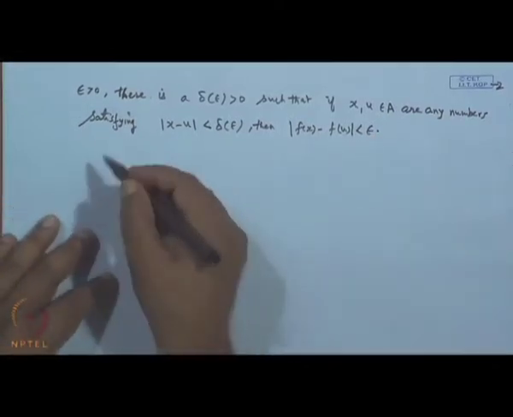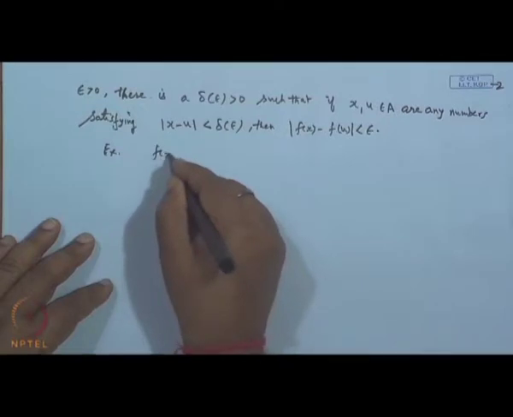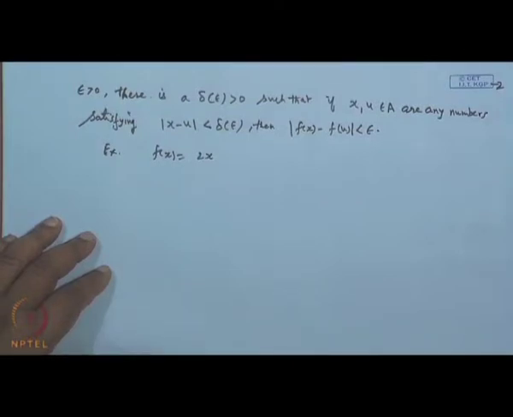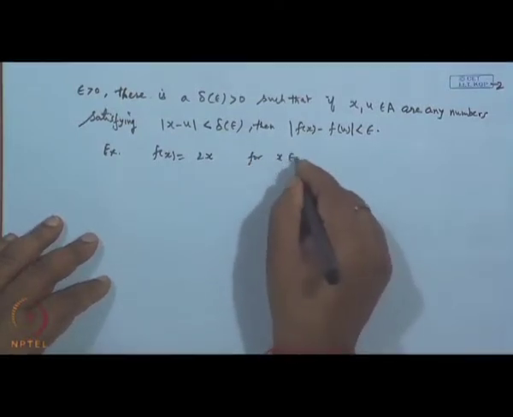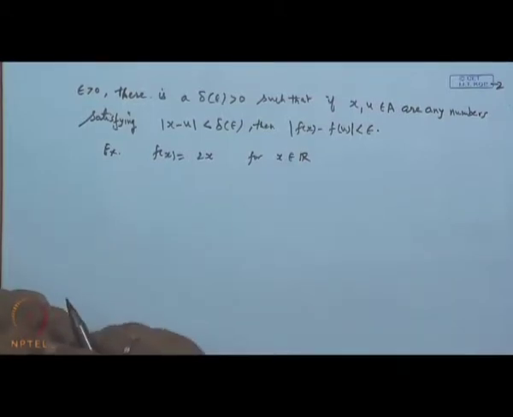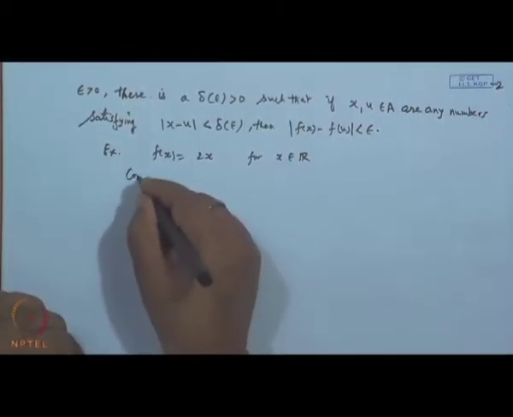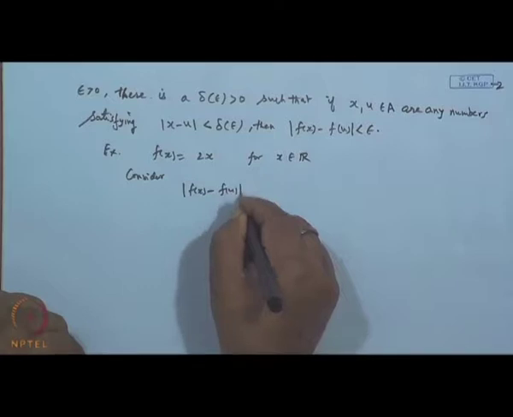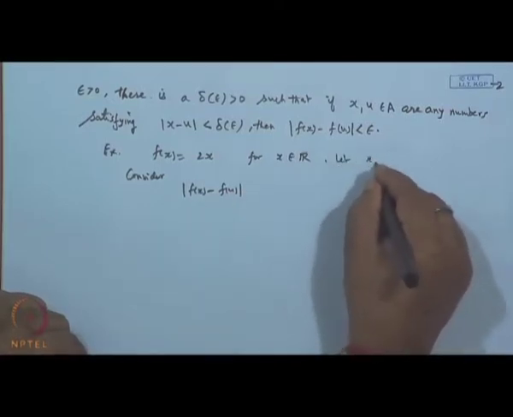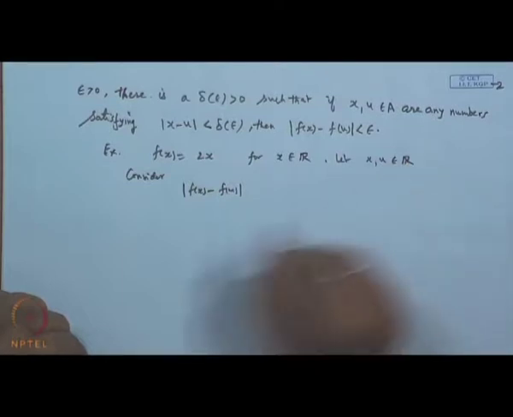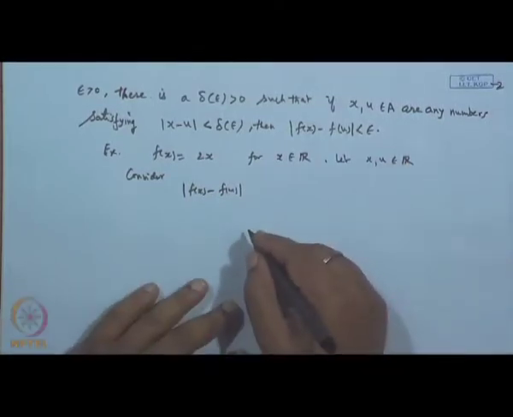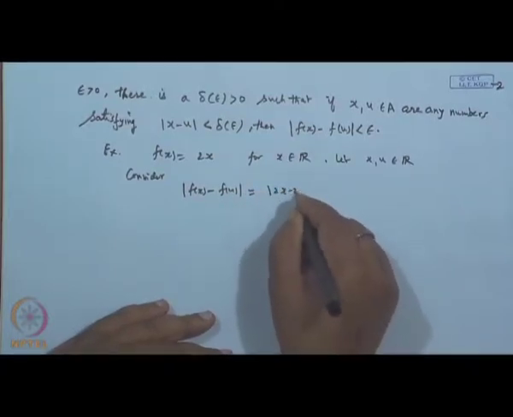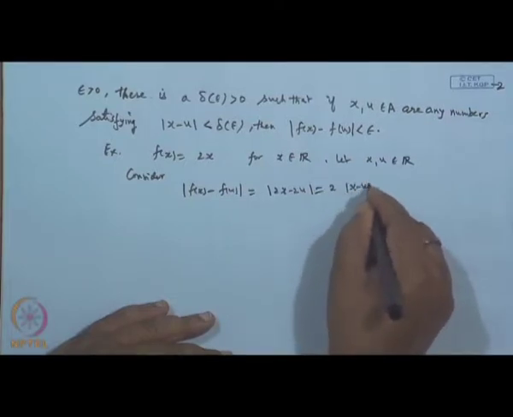For example, if we take the function f x equal to 2 x, for all x belonging to the real numbers R. Now, if I consider mod f x minus f u, where x and u are points in R, then this is equal to 2 x minus 2 u, which is equal to 2 times x minus u.